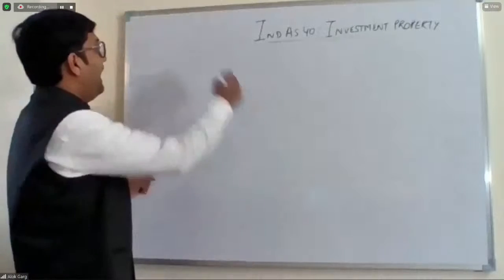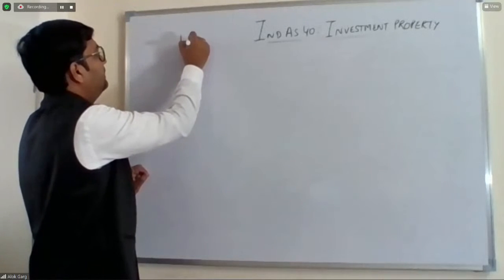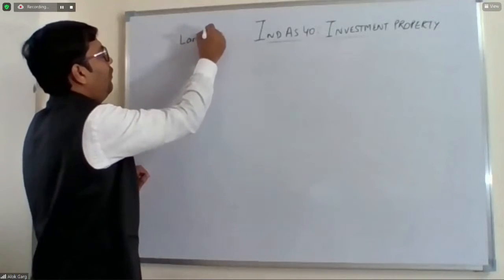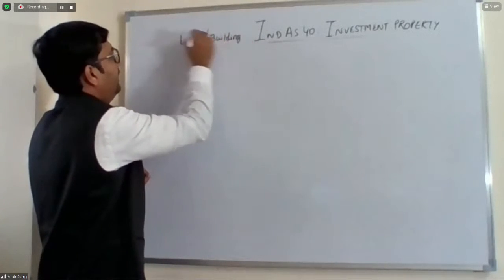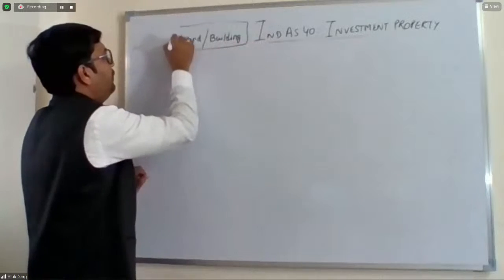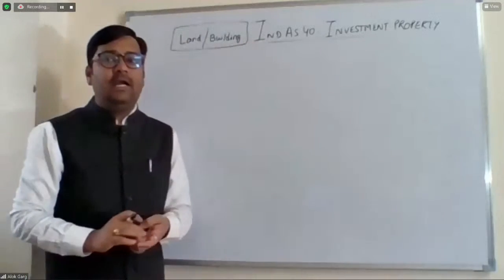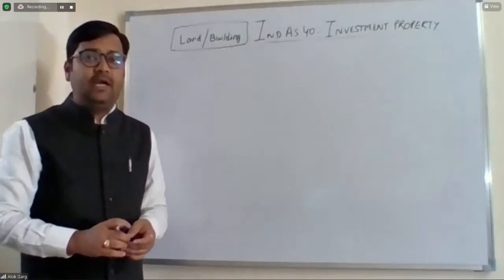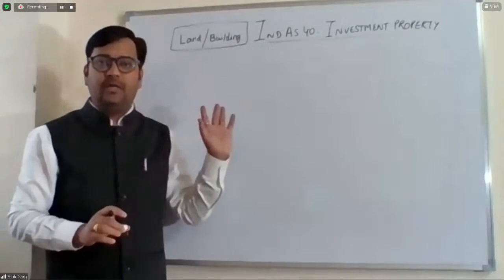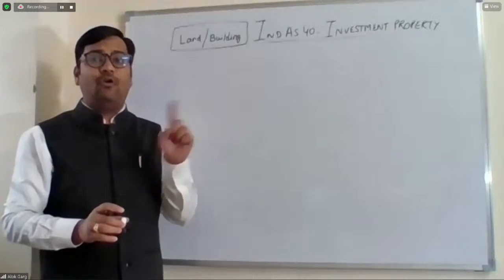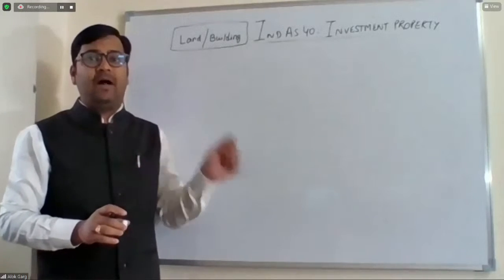One is land and building, land or building. So when I'm talking about IndAS 40, I'm only talking about land and building. I'm not talking about any other asset except land or building. Land and building, land or building, part of the building.